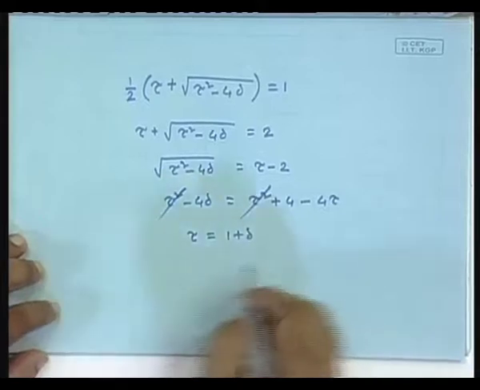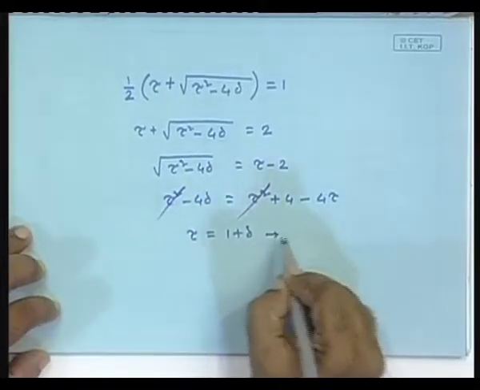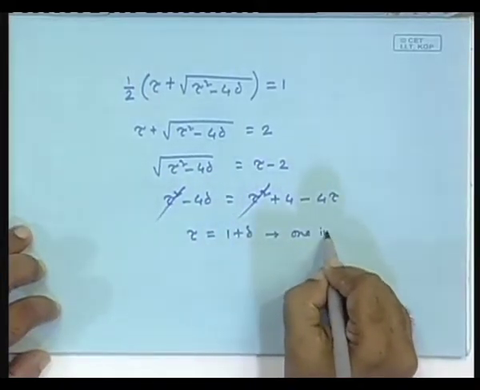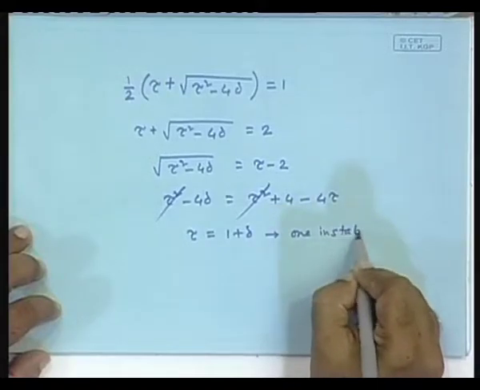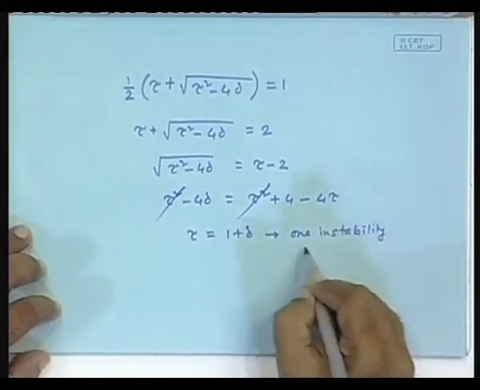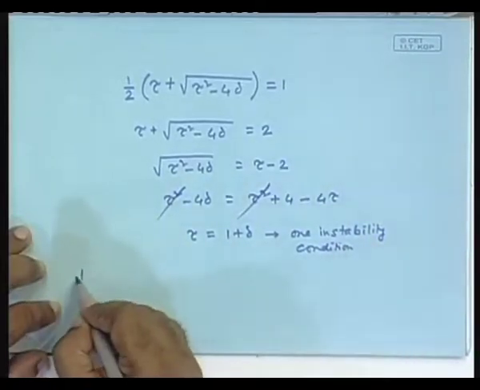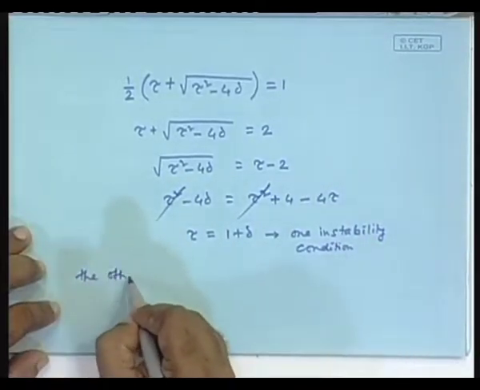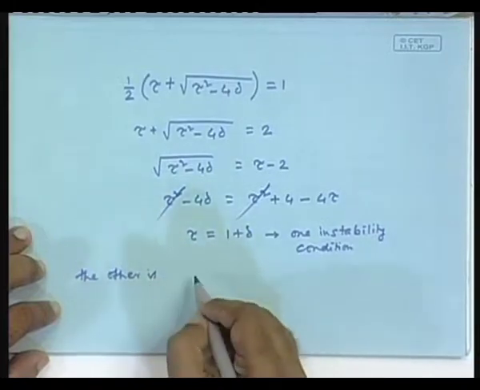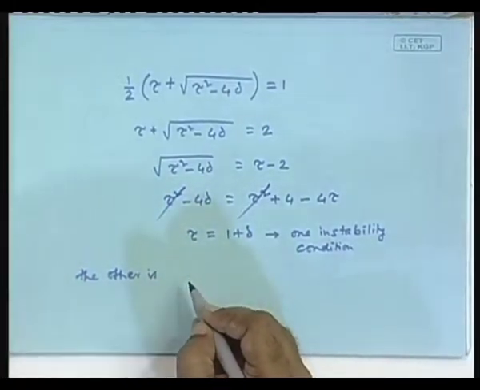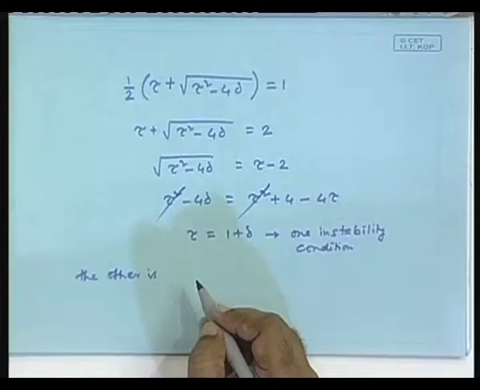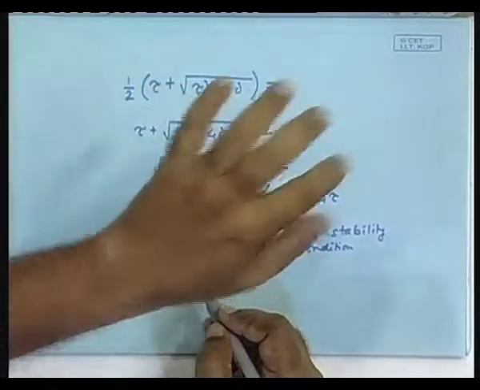The other condition, so this is one instability, and the other is delta plus tau is equal to -1, but I would like to express it as tau as related to delta.